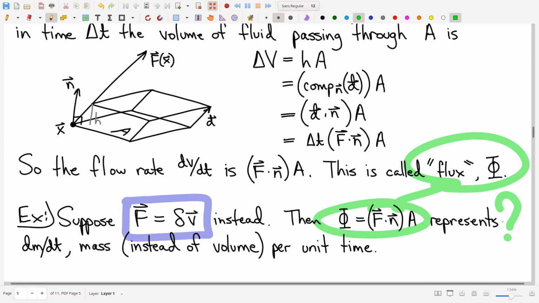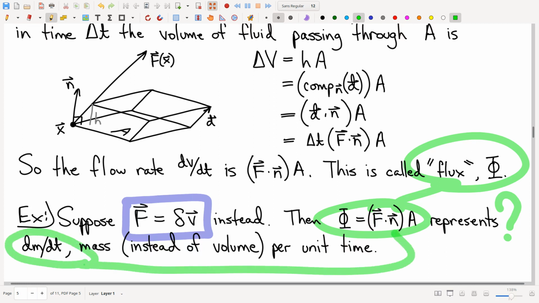What I want you all to work on yourselves, and I'm going to show you approximately how to do this, but I think it's a healthy exercise for everyone to do on their own, is show that this thing called flux, in this scenario, instead of computing volume per unit time of fluid, computes mass per unit time of fluid. Now, that's also really important for applications, sort of obviously, because very often when we're interested in fluid, we're interested not in how much space it's taking up, but in how much of it is there.